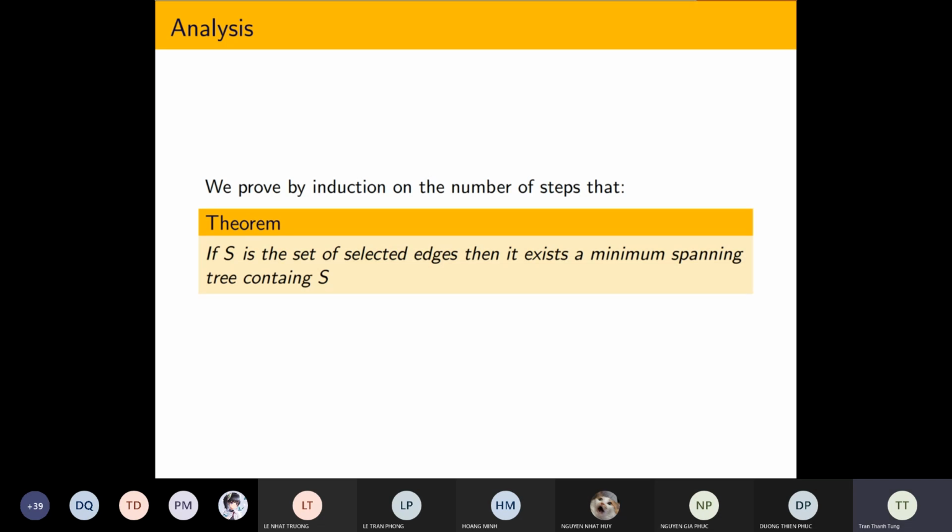That's what we're proving. Remember, in Vietnamese it is called quy nạp, no?